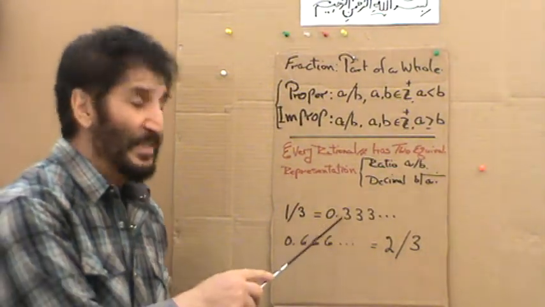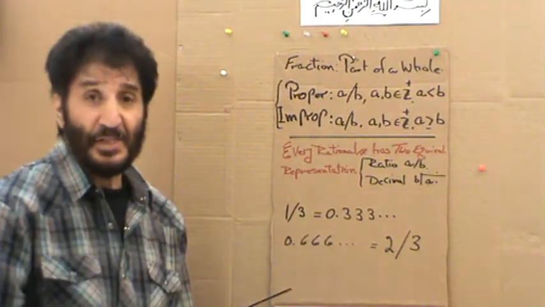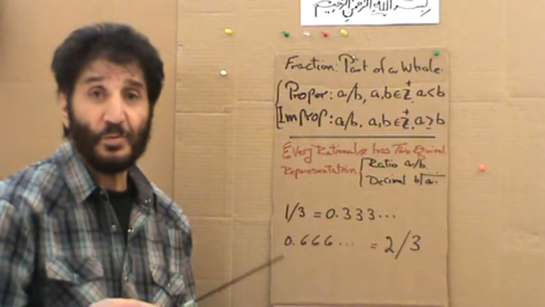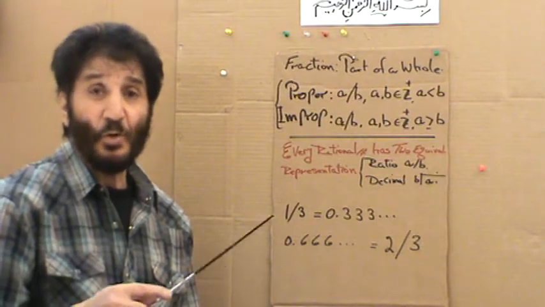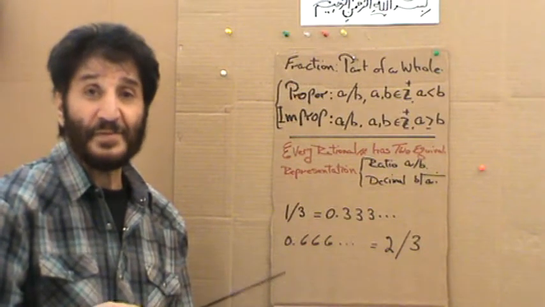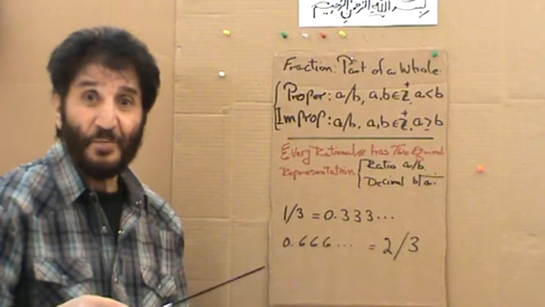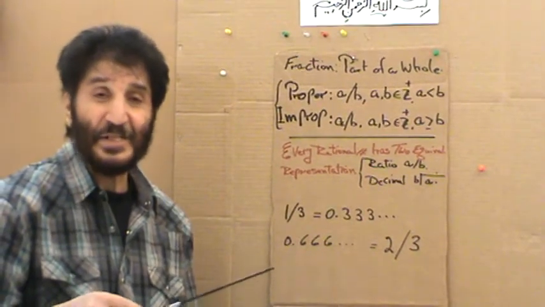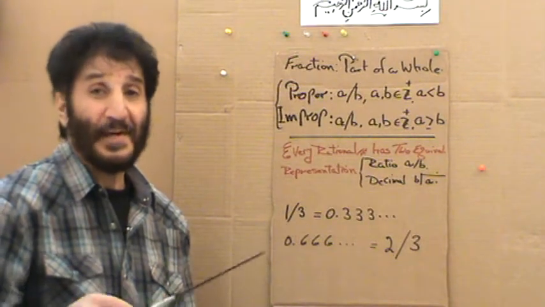Here only one digit is repeating, 3, 3, 3, 3. It could be two digits repeating, like 1, 2, 1, 2, 1, 2. Or it could be nine digits repeating, 1, 2, 3, 4, 5, 6, 7, 8, 9, and so on and so forth.